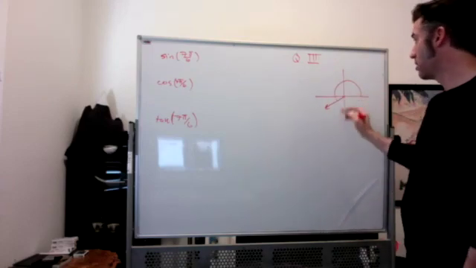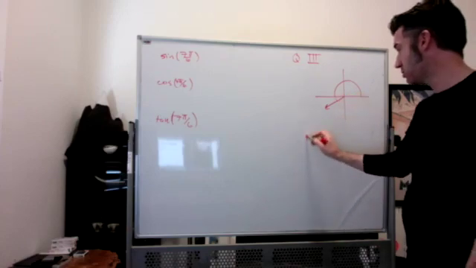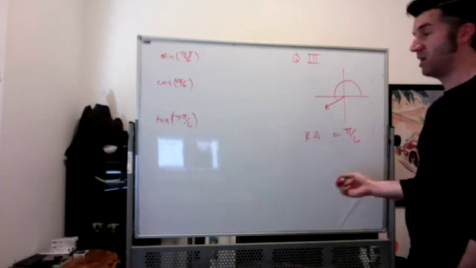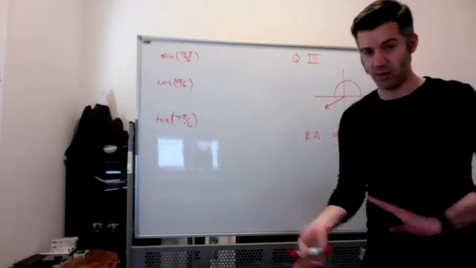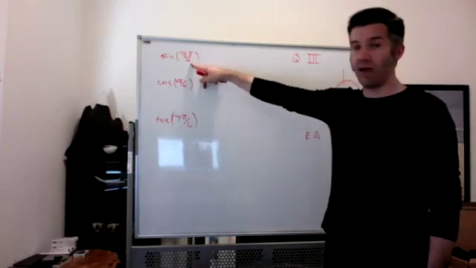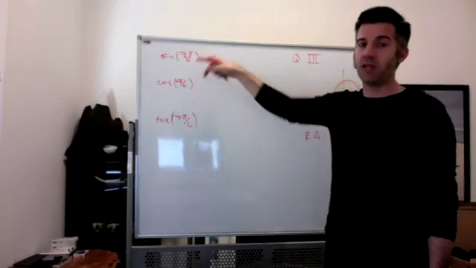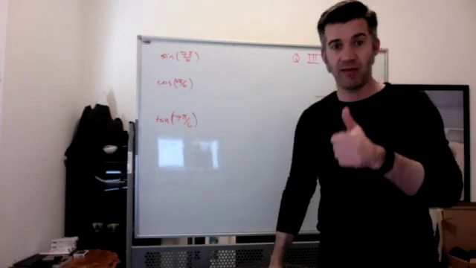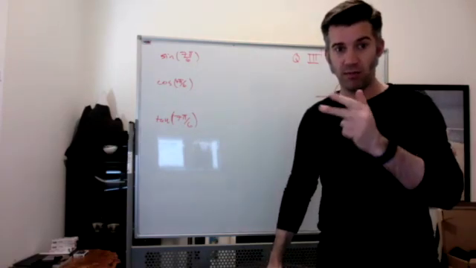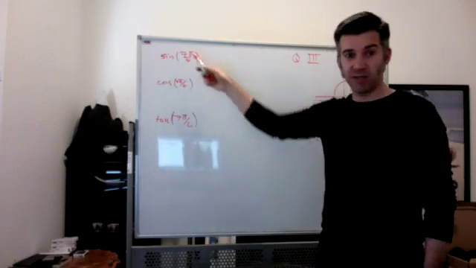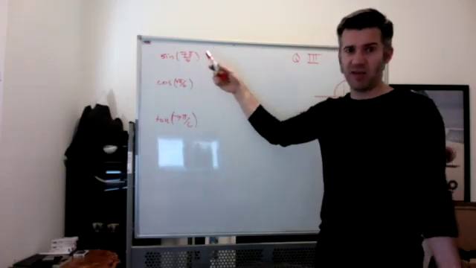So my reference angle is pi over 6. This is one of the reasons radians are really nice. For special angles, pi over 6, pi over 4, pi over 3, if you see something with a pi over 6, like 7 pi over 6, my reference angle is pi over 6.